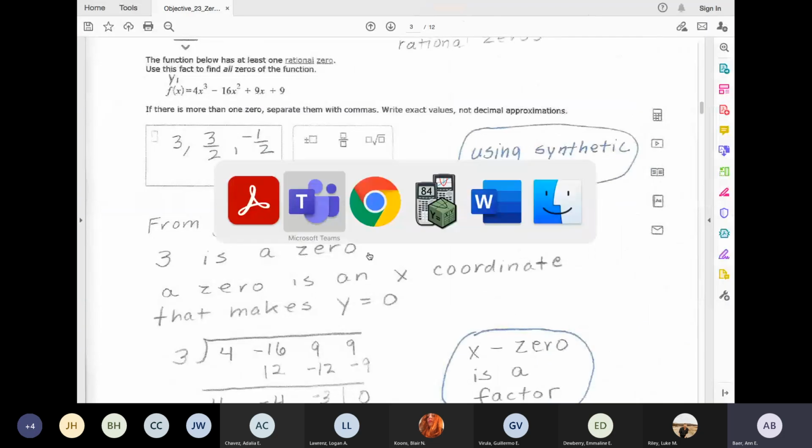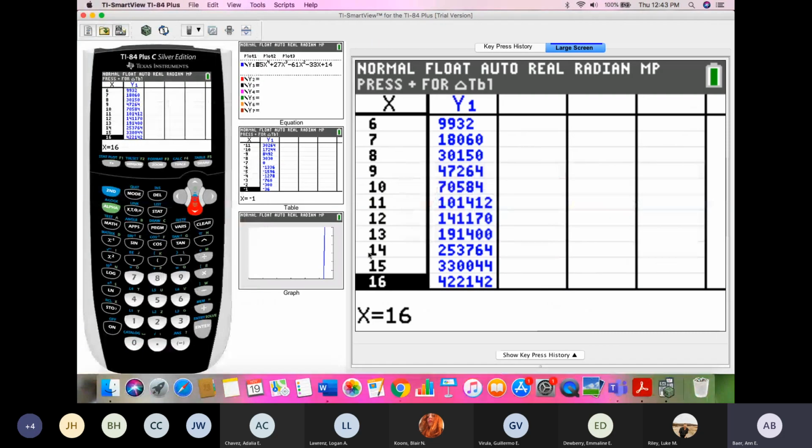Let's go look at the graphing calculator emulator. And let me first clean up from my last class. You can see I'm looking at a table here. I'm not sure if there are any zeros in there or not. Perhaps there are.